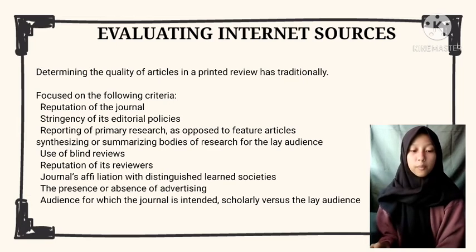Next, use of blind reviews, reputation of its reviewers, journal's affiliation with a distinguished learned society, the presence or absence of advertising, and the last, the audience for which the journal is intended, scholarly versus lay audience.